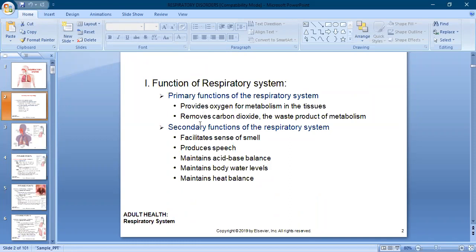The main function of the respiratory system, definitely everybody knows, is to help in inspiration and expiration. So during the respiratory cycle, they provide oxygen for metabolism in the tissue and remove carbon dioxide, the waste product in metabolism.